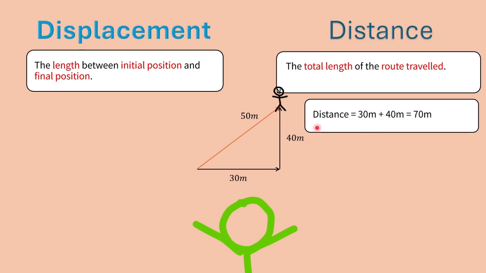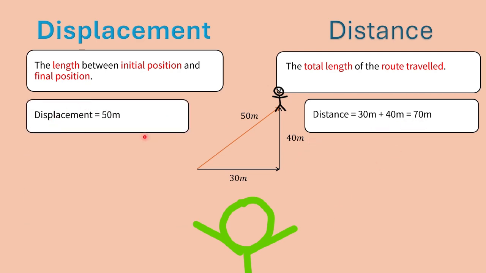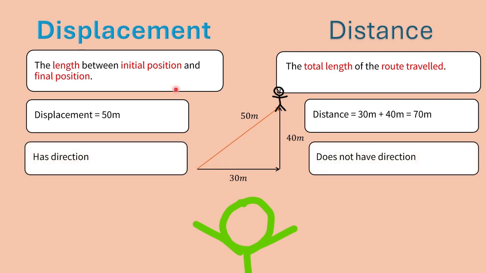Your distance traveled is 30 meters plus 40 meters, which is 70 meters, whereas your displacement is the 50 meters here. This also shows that displacement has a direction, whereas distance does not have direction.